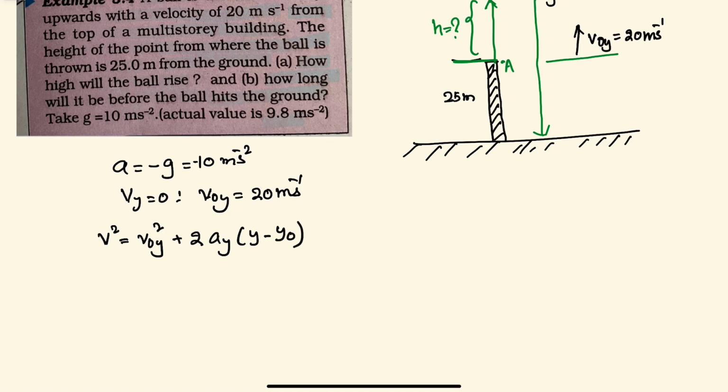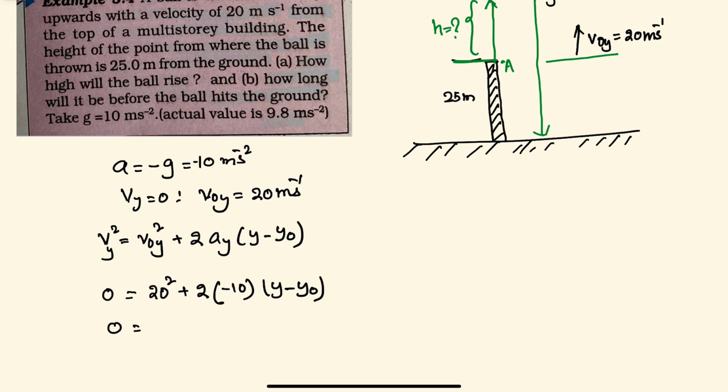Now vy squared is 0, which equals 20 squared, 2 into a, which is minus 10, into y minus y naught.